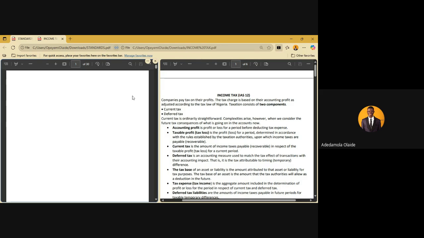Current tax is just the tax charge for the year on the taxable profit of the company. We calculate it using the provisions of the tax law. That is, we adjust the accounting profit to suit the taxation purpose, and we calculate our current tax, just like we do in taxation when we have to compute the CIT payable of the company.